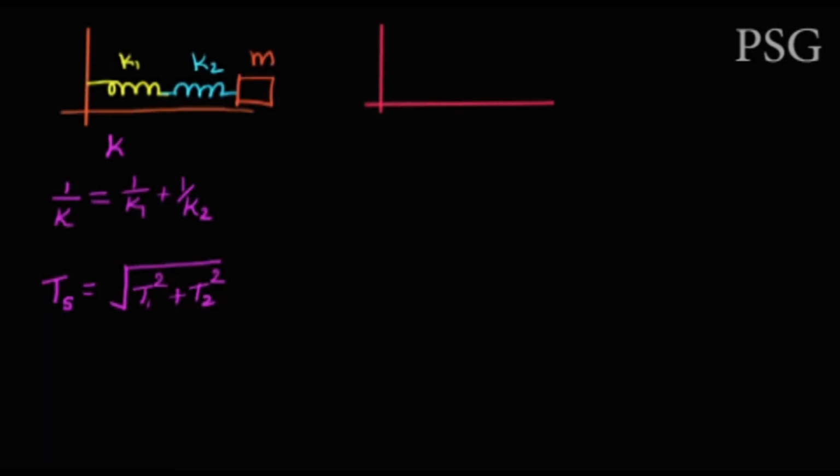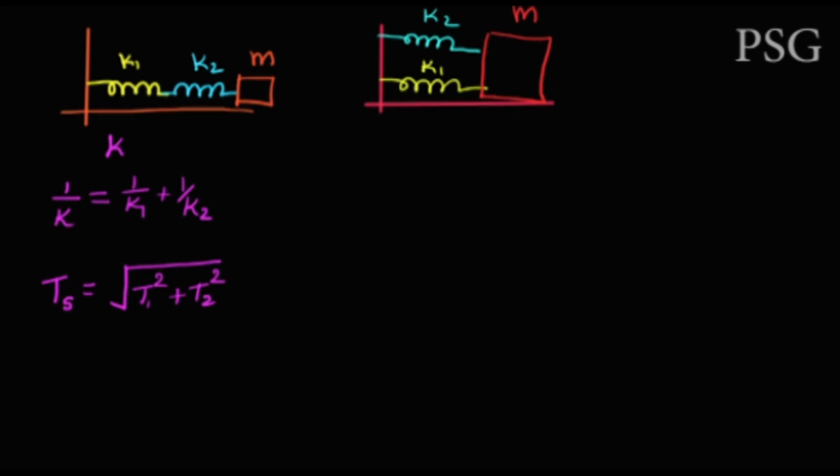If two springs, k1 and another spring having spring constant value k2, are attached to a mass m, then what is the effective spring constant for this combination? In this case, both of the springs are undergoing compression or extension equally.